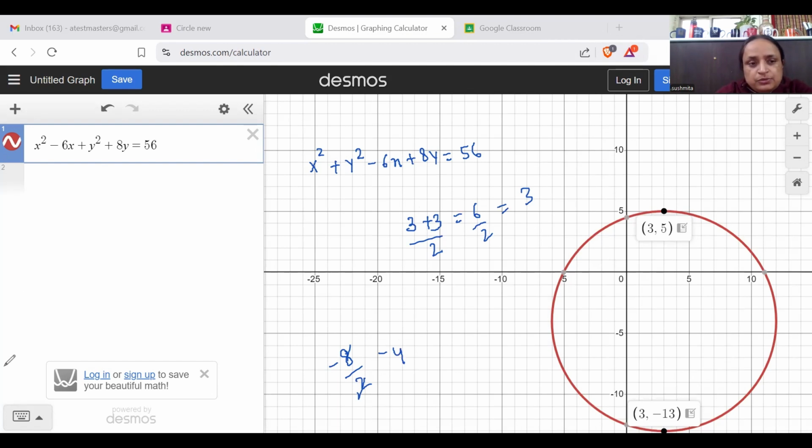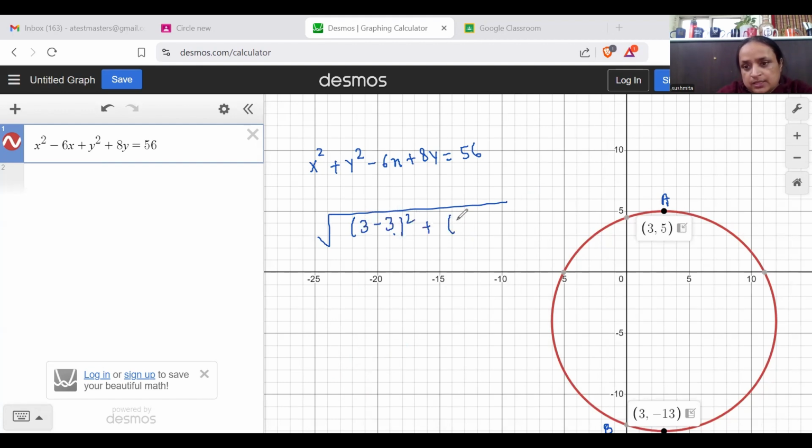Or you could just use the distance formula. Another easy way is to use the distance formula and then divide by 2. Let us call this point A and this point B. So over here, you can see 3 minus 3 whole squared plus 5 plus 13 whole squared, which would be 0 plus 18 whole squared, which simply means 18.